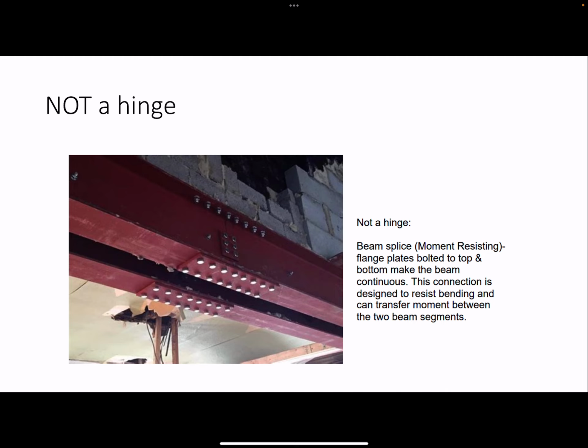That is what enables moment to pass through that connection and be transferred from one of these members to the other one. So this would be considered a full beam splice, right? So when we splice an element, the goal is to make sure that all of its capacity is transferred over to the other side, right?